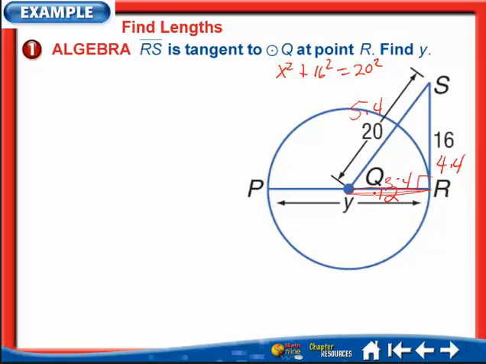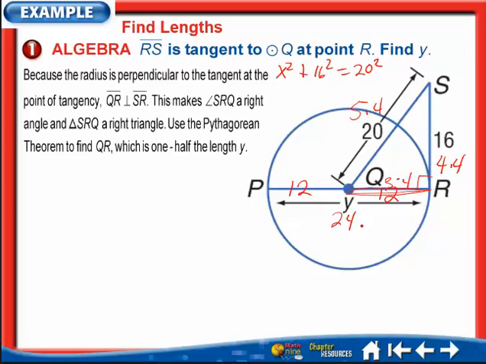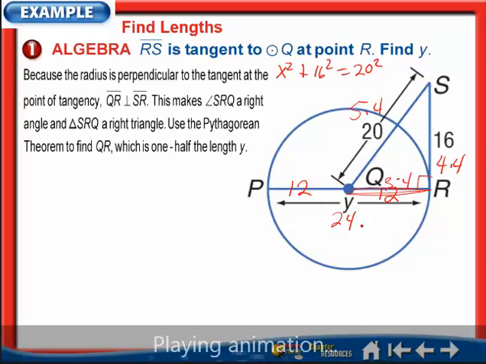If QR being a radius is 12, then QP being a radius is 12. Therefore, Y would be how much? 24. Okay, so this is all just an explanation, if you want to read through it.